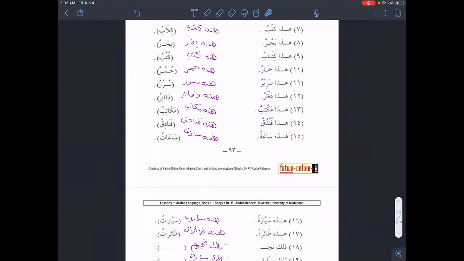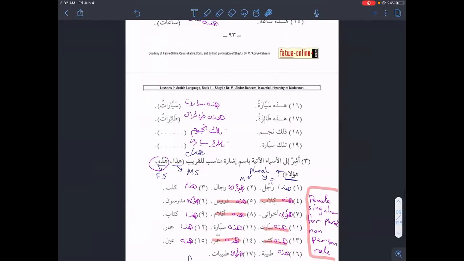هذا فندق، هذه فنادق. هذه ساعة، هذه ساعات. هذه سيارة، هذه سيارات. هذه طائرة، هذه طائرات. ذلك نجم، تلك نجوم. تلك سيارة، تلك سيارات.